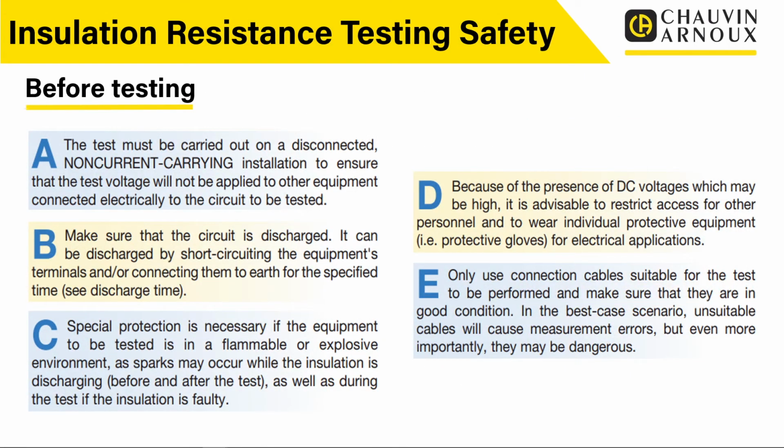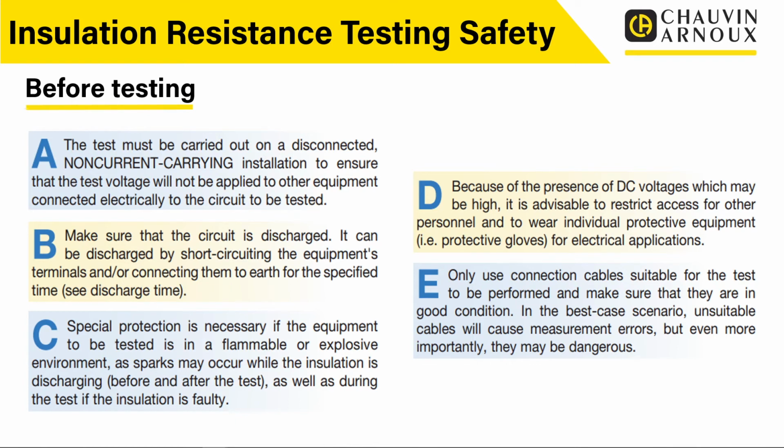Because we're using quite high voltages, as you've seen there, typically test voltages up to 1,000 volts in this case, and typically around 500 volts. Now, the way these are applied by the insulation resistance tester, we're not talking huge amounts of current.